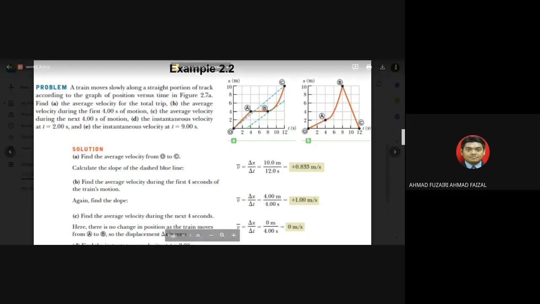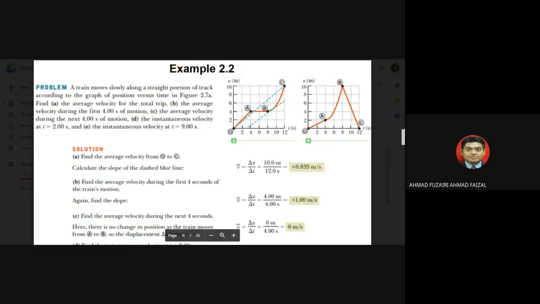Okay, on part B, the average velocity during the first 4 seconds of motion. The first 4 seconds of motion meaning that you ambil dekat graph, tengok at 4 seconds, okay, so you project it to the graph and of course tengok gradient dia dekat situ. So maksud dia kalau ikutkan gradient dia dekat situ, 4 bahagi dengan 4 dapatlah 1 meter per second.